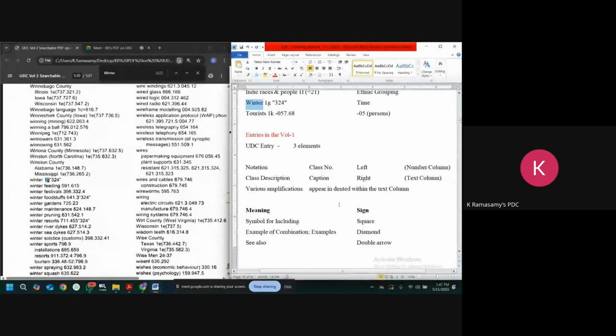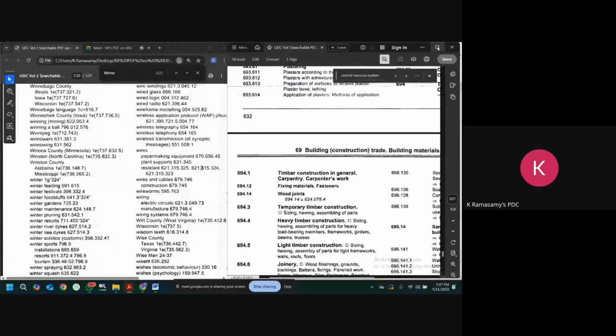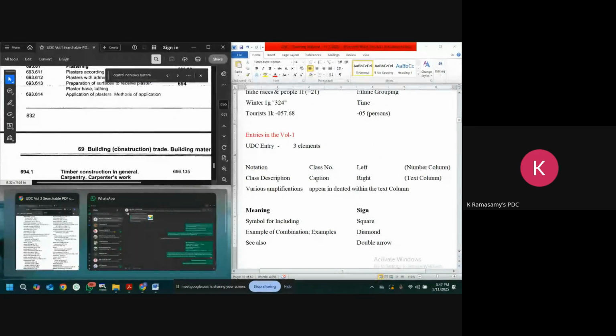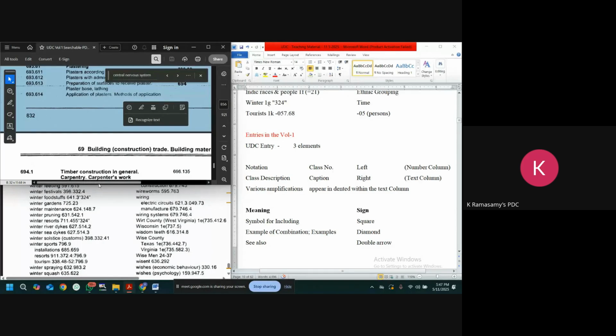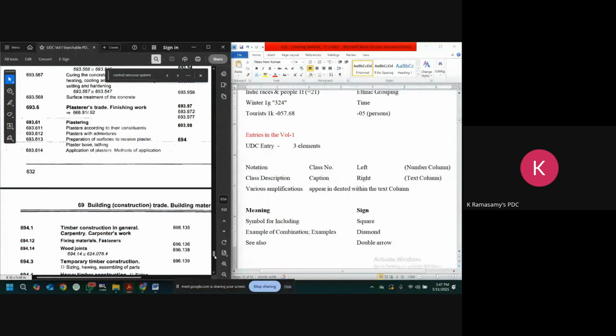Okay, yes. Then comes the question: what is the meaning if the words are arranged this way or that way? What is the meaning of those terms? You need to understand that. I'll show you now. See, for example, I'll show you how numbers are to be understood.